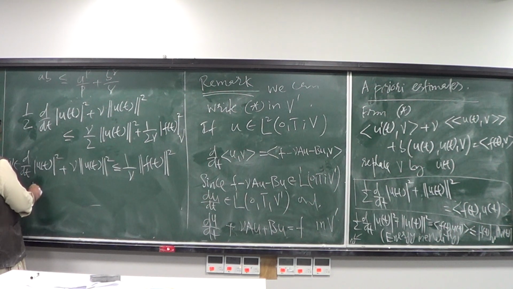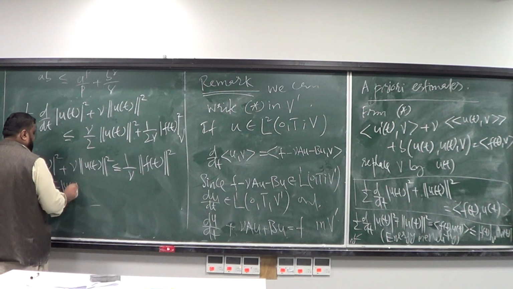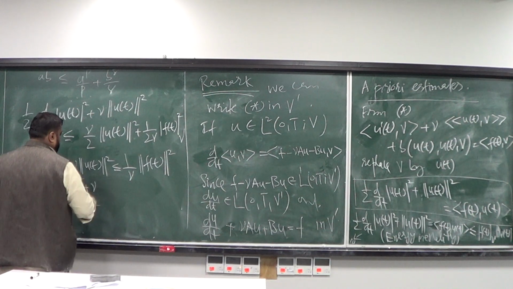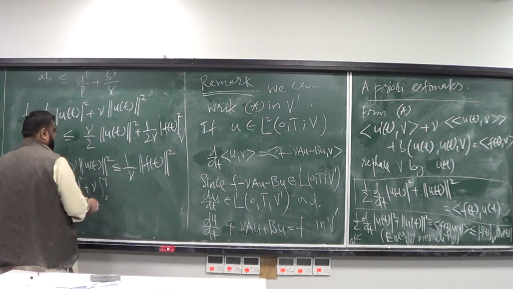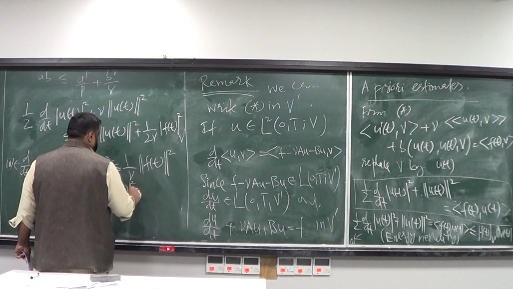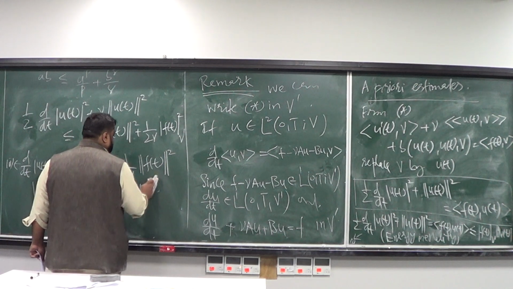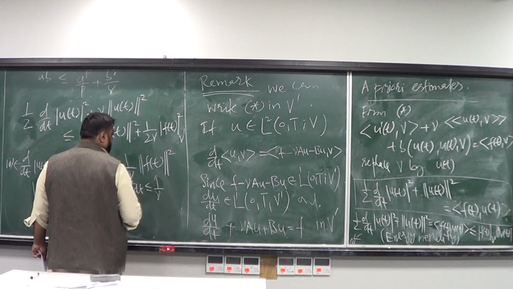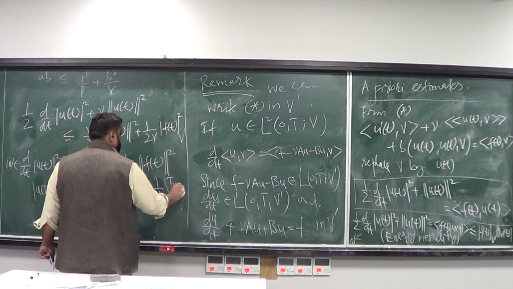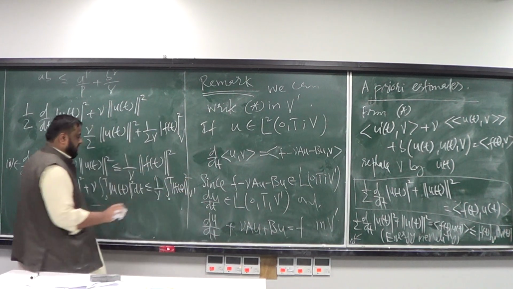This term will go away and you're going to get |u(t)|² minus |u₀|², plus ν times the integral from 0 to t of ‖u(t)‖² dt, and 1/ν times the integral from 0 to t of ‖f(t)‖² in V′.